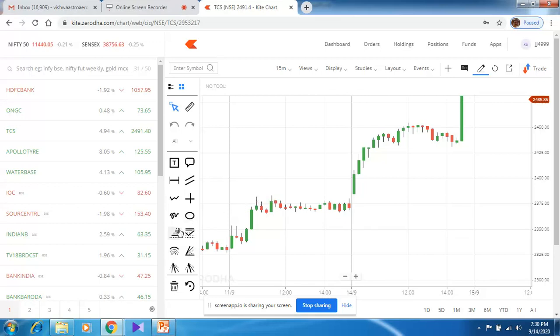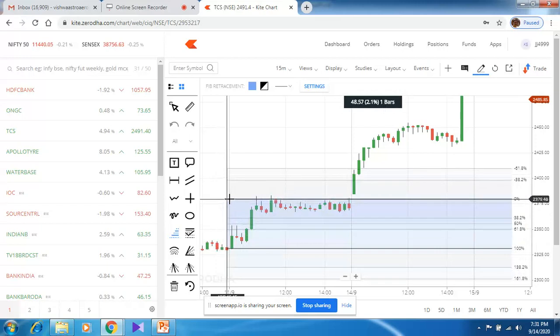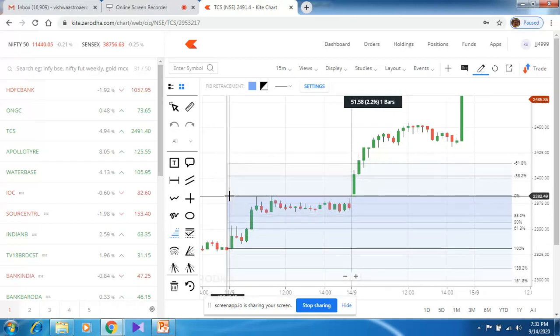Based on this, if I click on Fibonacci retracement, then we need to identify the bottom of this. I'm going to put a click and try to identify the maximum level of this.